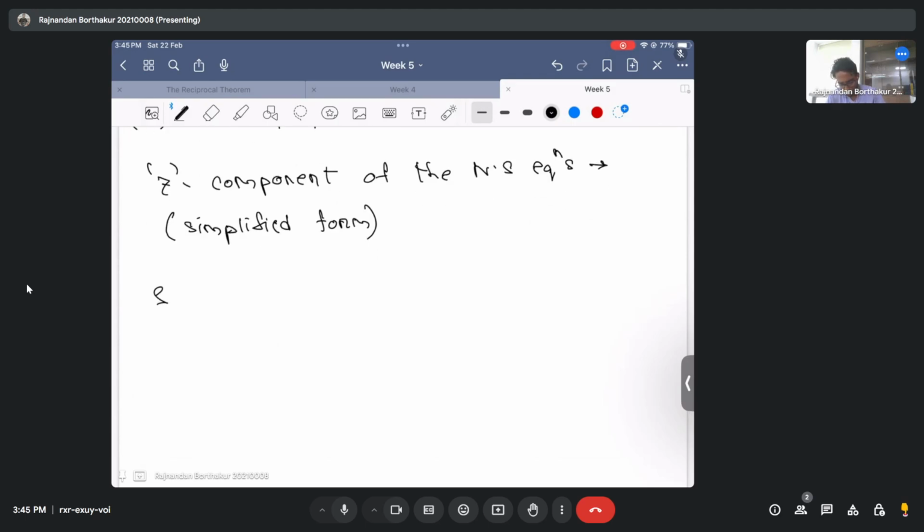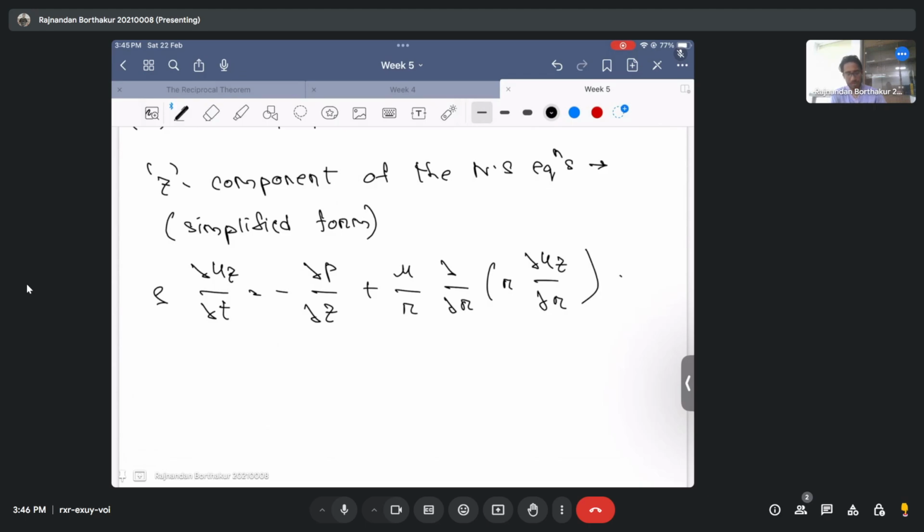It is rho del uz by del t equals minus del p by del z plus mu by r del by del r of r times del uz by del r. That's the simplified form of the z direction equation.